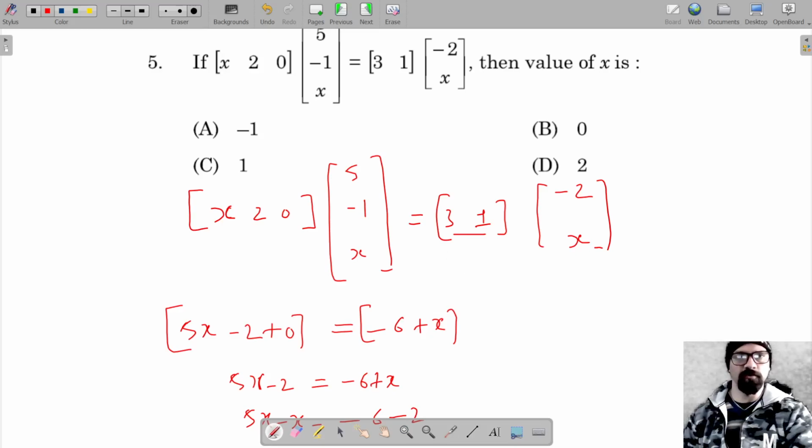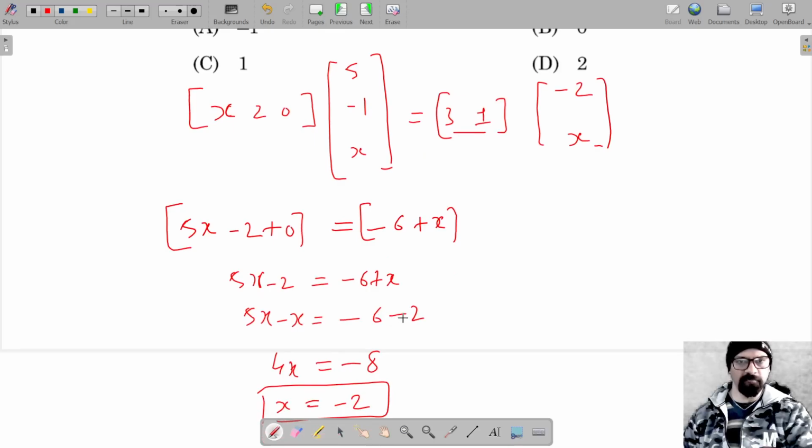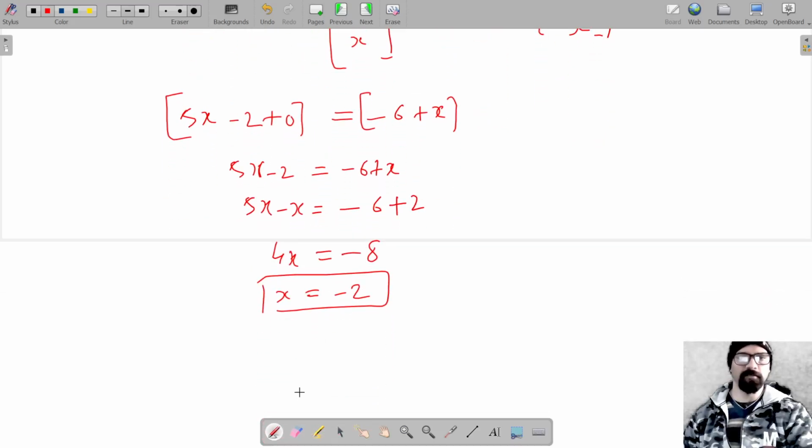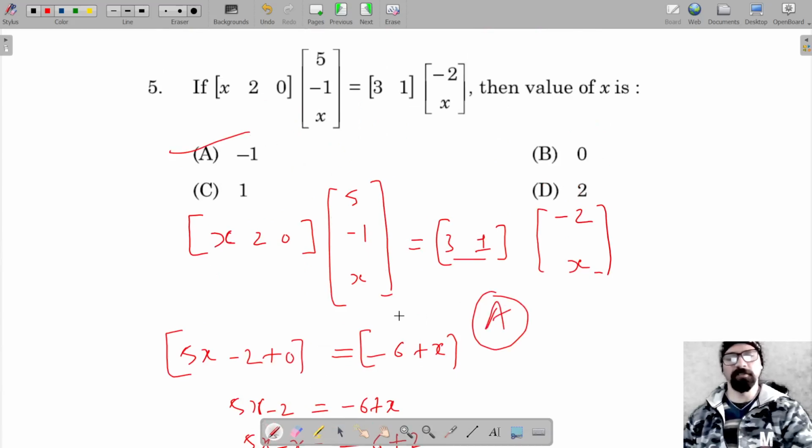So x into 5, this is negative 6 plus x. So 5x minus x gives me negative 6, this is plus 2. Okay, so this is negative 4, which gives me x is equal to negative 1. So negative 1 is the answer, which is option A. So A is the correct answer for this one.